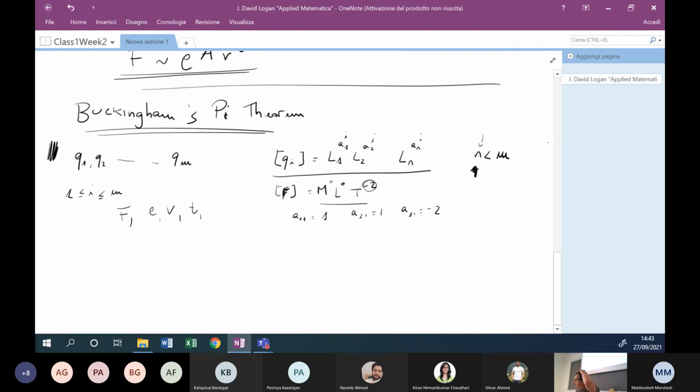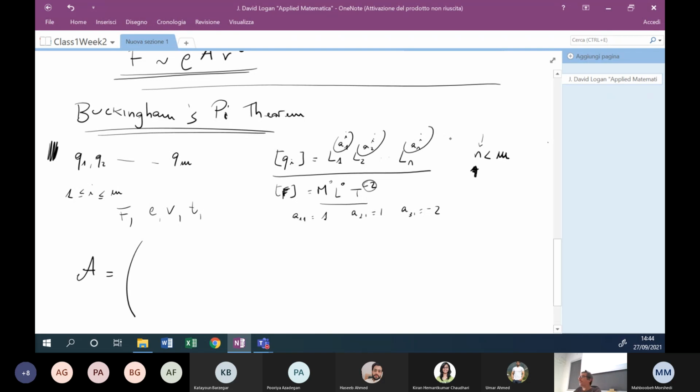Now, let me define the matrix A, which is the matrix of the exponents of the dimensions of the Qi's. So it's the matrix of these exponents here.